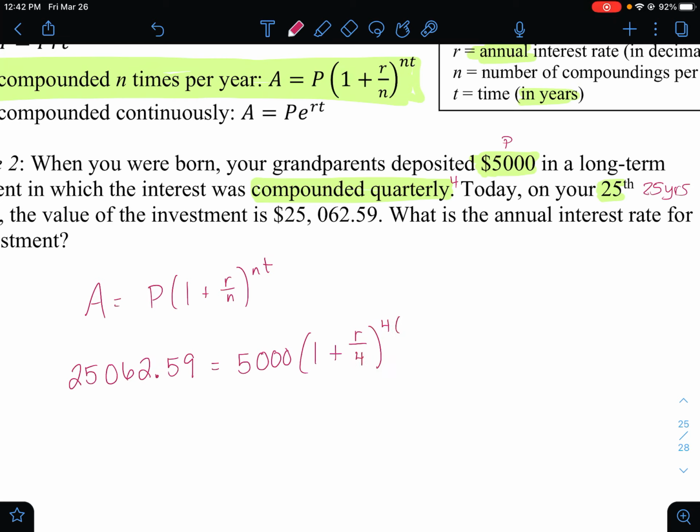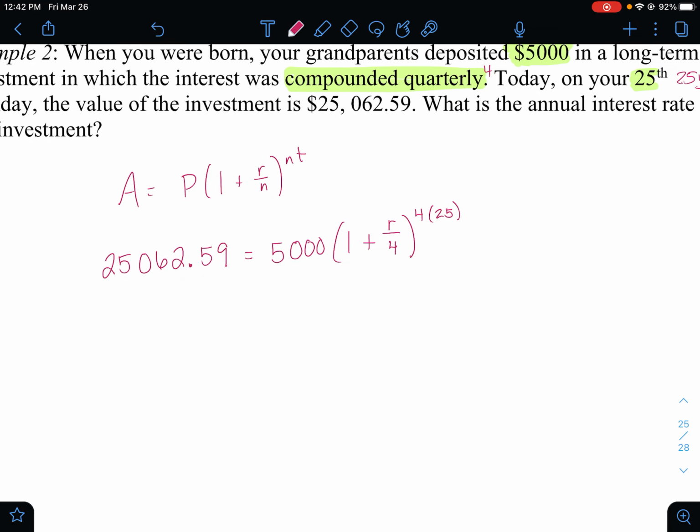Time is 25. All right, so now we just need to solve this. So we have 25062.59 equals 5,000 times 1 plus R over 4, to the power 4 times 25, which is 100.